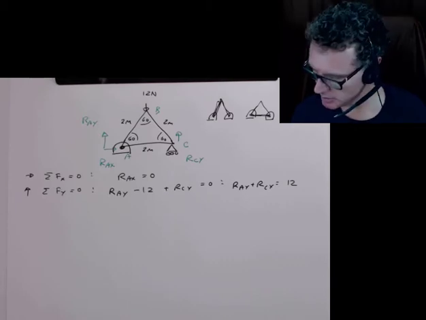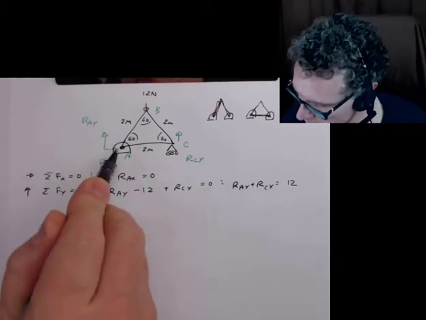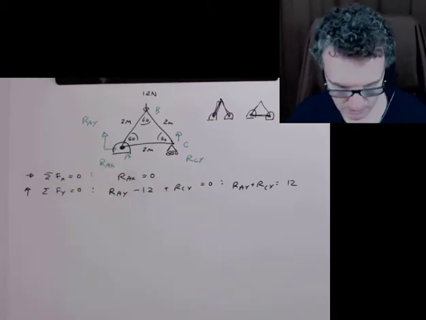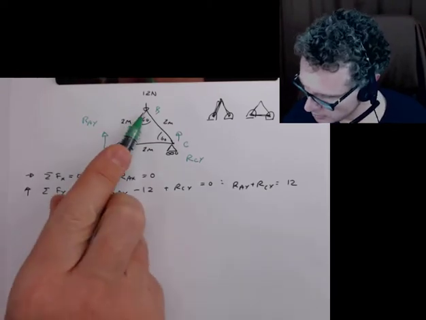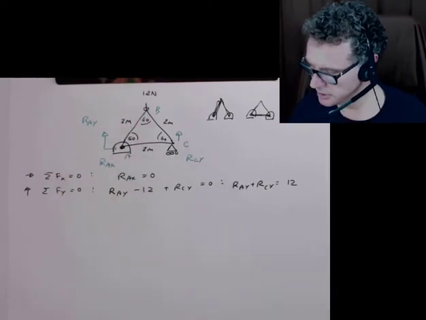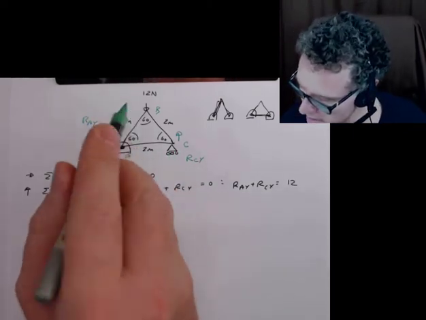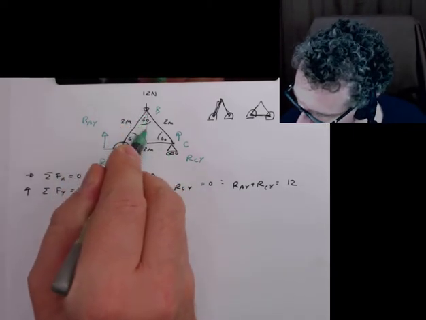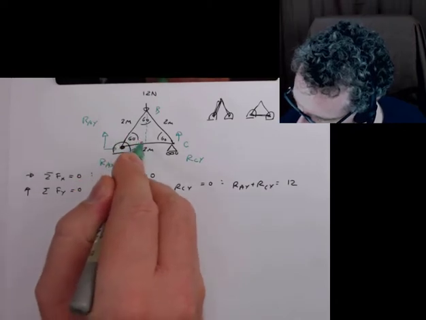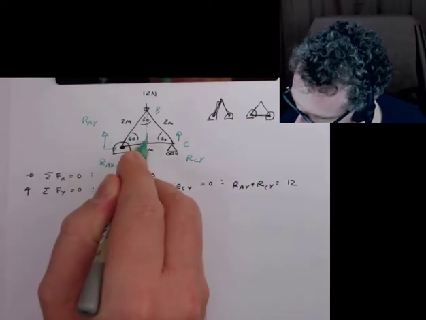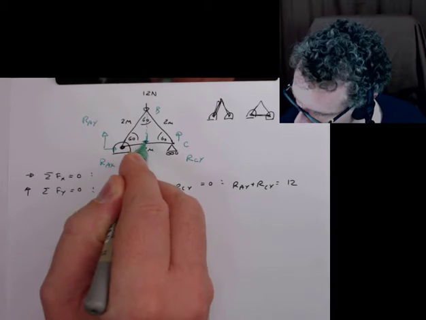Next, let's take moments. Where's the most sensible place to take moments? Well, it's here. But my force is off in this weird location there. I need to bring it to an x-axis or a y-axis. So I'm going to bring it down and let the force apply here.